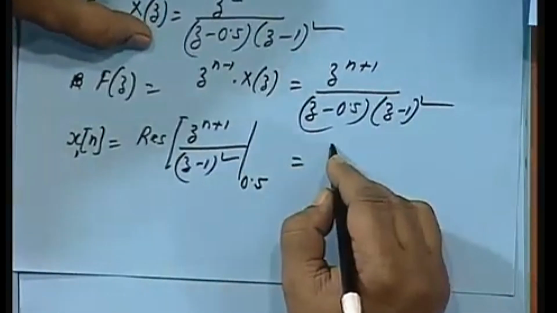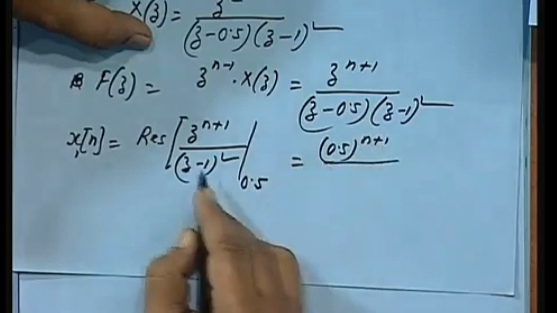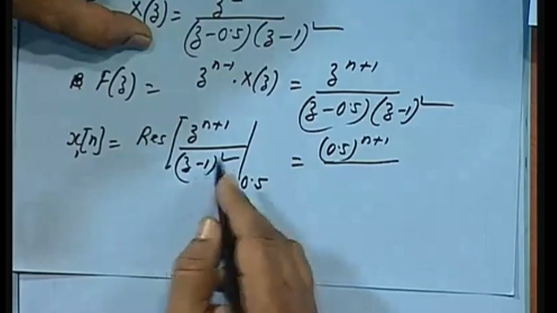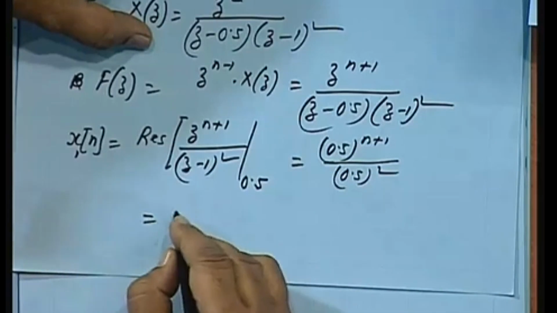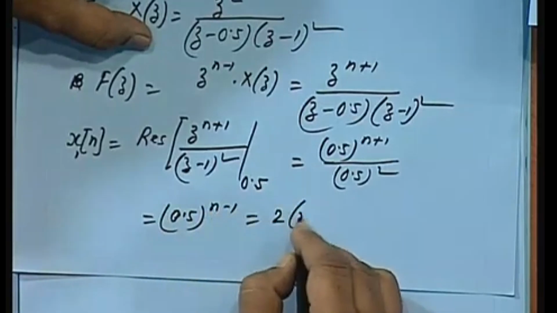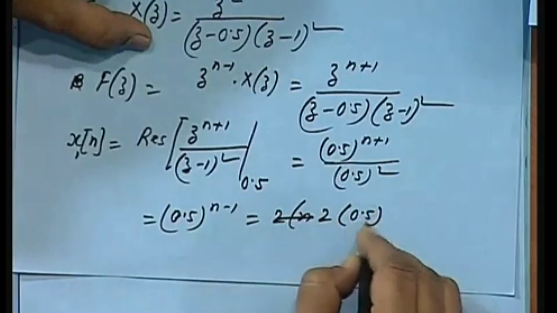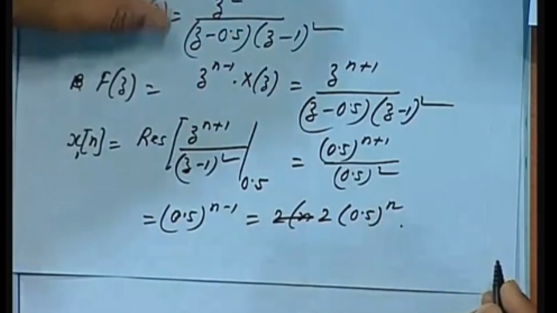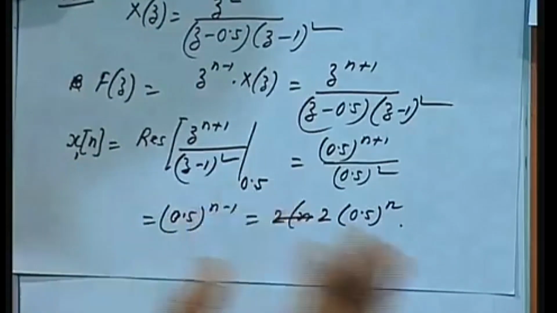This will be 0.5 to the power n plus 1 by (0.5 minus 1) squared, so minus 0.5 squared, that is 0.25. So that gives me 0.5 to the power n plus 1 divided by 0.25, which I may write as 2 into 0.5 to the power n. Similarly, the second one I am writing separately, x1 and x2, and then add them together. Is that all right?